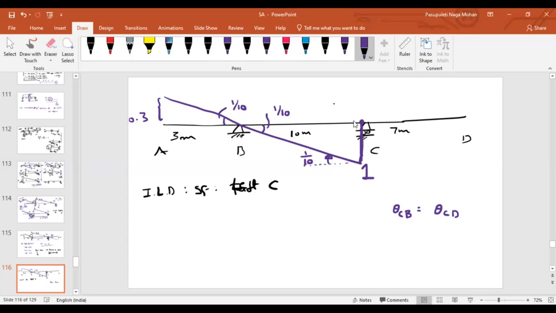So if CB is rotated by an amount 1/10 clockwise direction, then CD must also rotate by an amount 1/10 in clockwise direction. That means this part I should draw. I have rotated in clockwise direction. What is the magnitude? 1/10. Then what about the magnitude here? 1/10 into 7, 0.7. Any doubt? These two diagrams are similar.